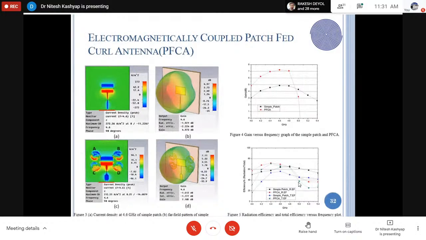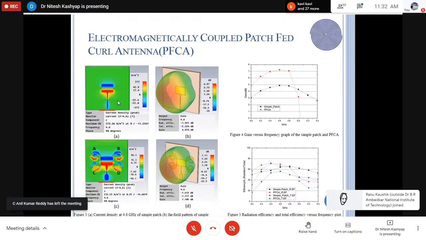So this is the pictorial view where the excitation of the antenna happens, and according to the excitation, the radiation pattern occurs. We can see that initially in the simple patch antenna, we have excitation like this, where the blue is the negative cycle and the red one is the positive cycle.